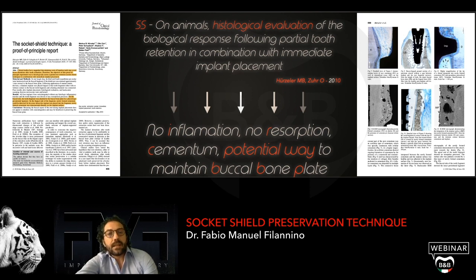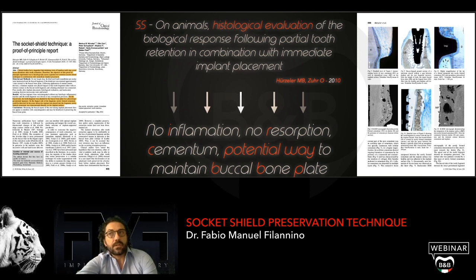In 2010, Hürzeler and Zuhr did the first article that is considered the time zero of this socket shield technique. It was an animal histologic evaluation about naturally healing sockets or extraction with keeping the shield in the site.